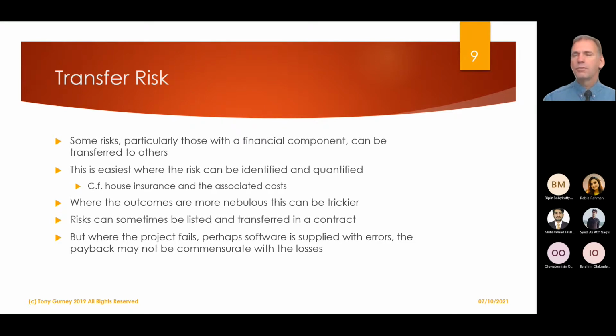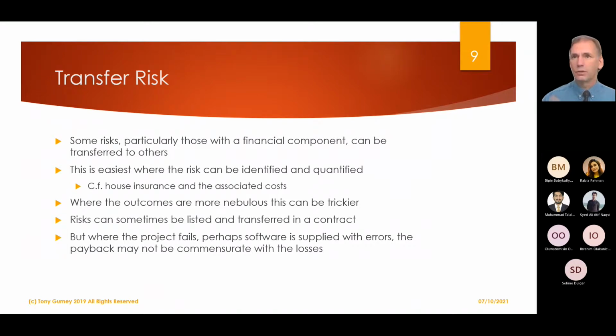So we're transferring risk. We're paying for someone else to take the risk for us. Or in insurance's case, we're paying for tens or hundreds of thousands of other people to take the risk for us. That's really easy when you can put a number on it. So I could go to a builder and say, here's my house, how much would you charge to build this again?